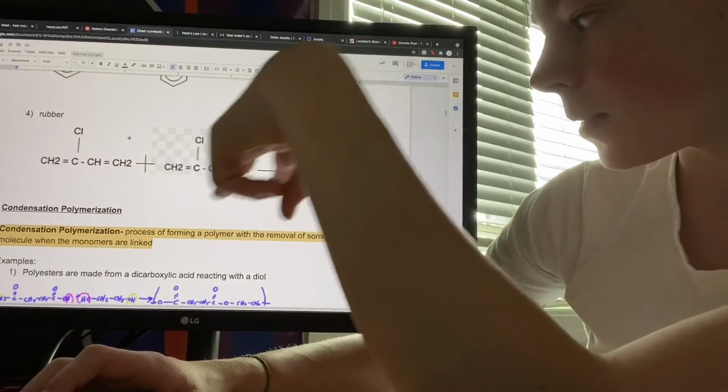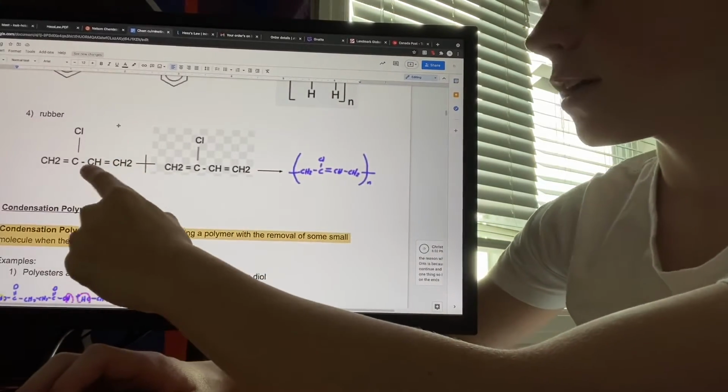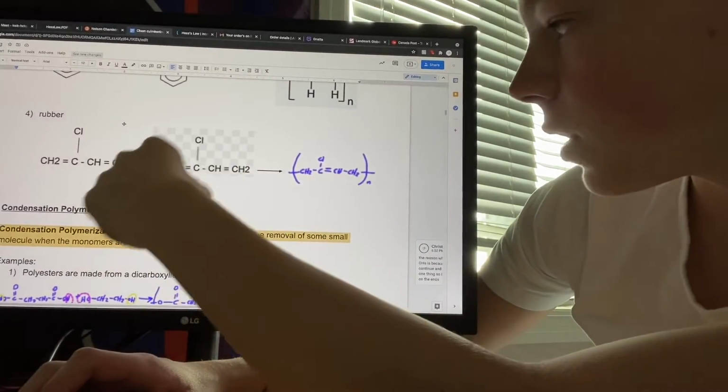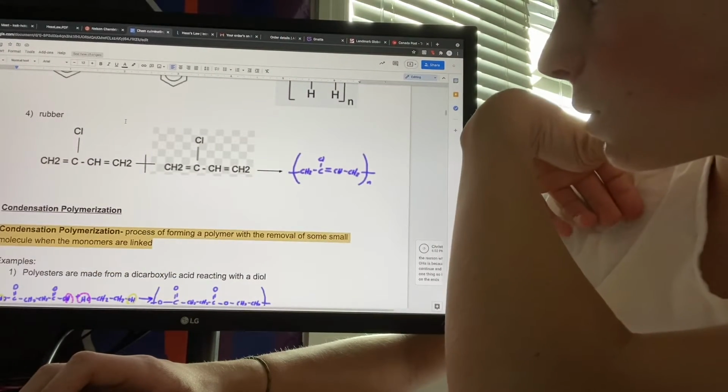So you have to drop both of these double bonds, but you can keep this one in the middle because it's not connected.